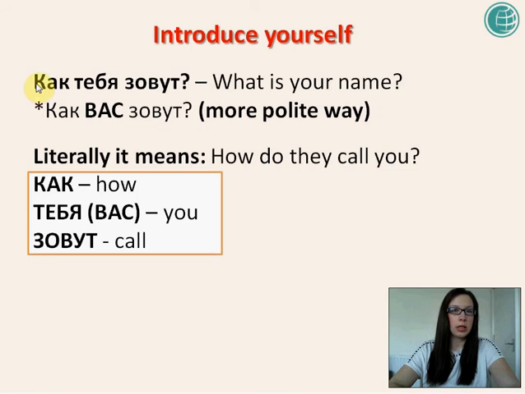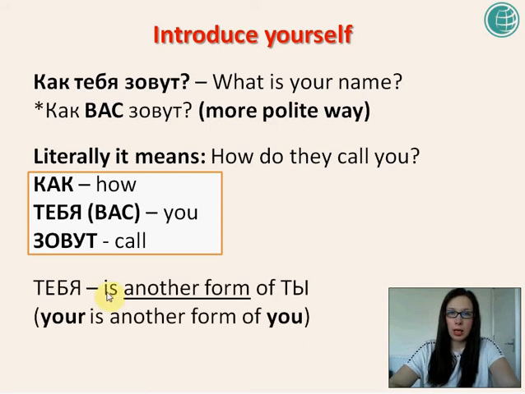Как means how, тебя or вас means you, зовут means call. So a little bit different construction, but exactly similar meaning. Тебя, it is another form of ты. Ты, you know, ты means you, and тебя is just another form of you.